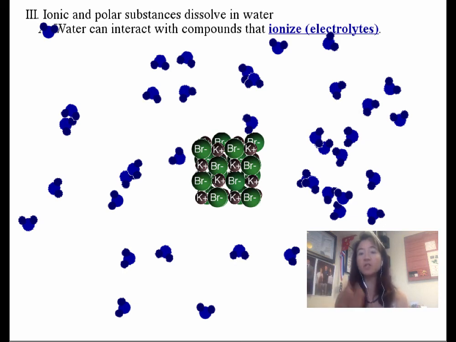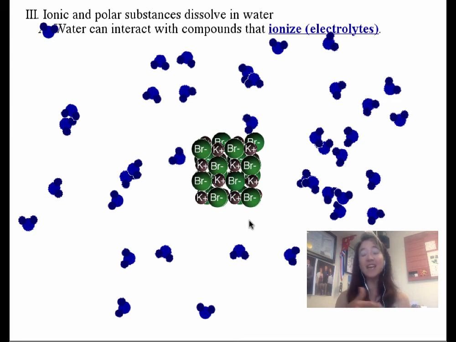But of course, if there are salts present within a solution, water will also interact with those and engage in ion-dipole interactions. In this case, we're showing the salt potassium bromide. And of course, potassium bromide has a positively charged cation and a negatively charged anion, and water is attracted to both.